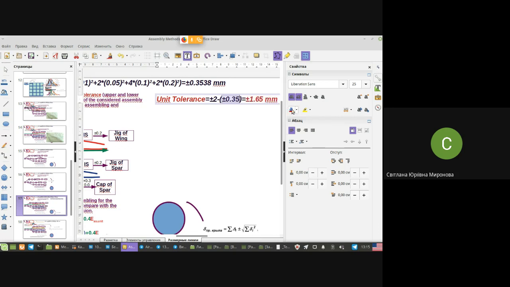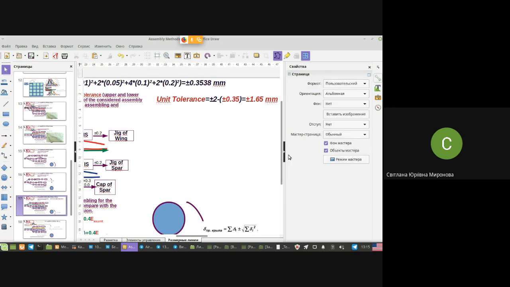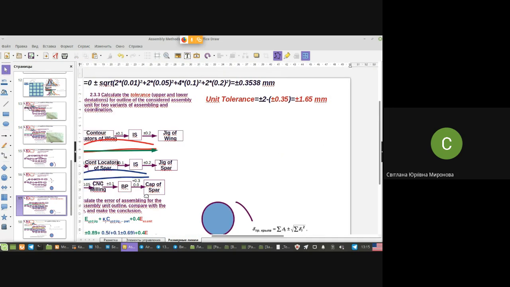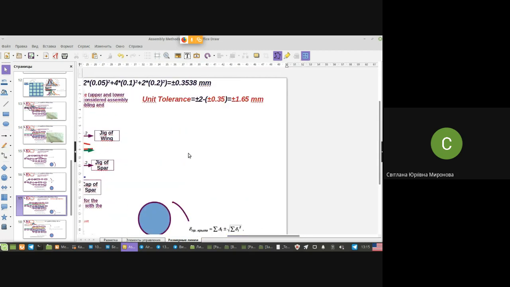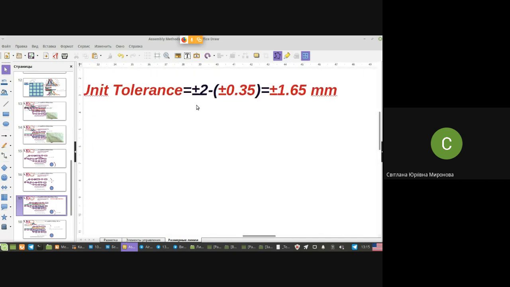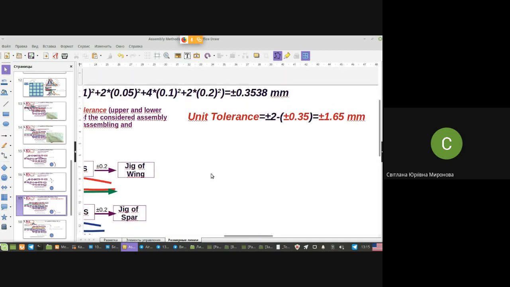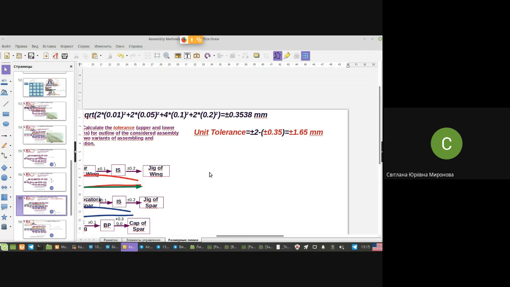Because we had here an error of coordination between two jigs of plus minus 0.35. It may be different, it depends on the aggregate, I hope you remember. If we think that we have the same demands on the aggregate tolerance, we see that our unit tolerance is plus minus 1.65, just because we changed the technique of coordination. With another technique of coordination, you may spend more.